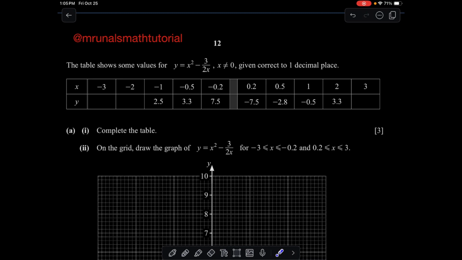So what do we have? We have x equal to minus 3.